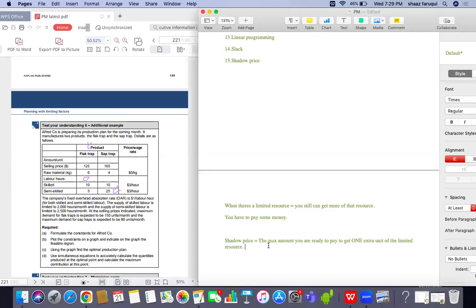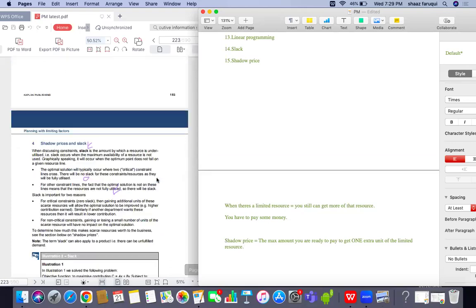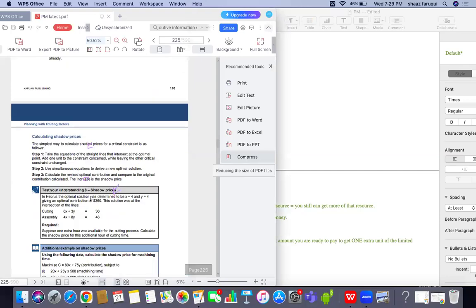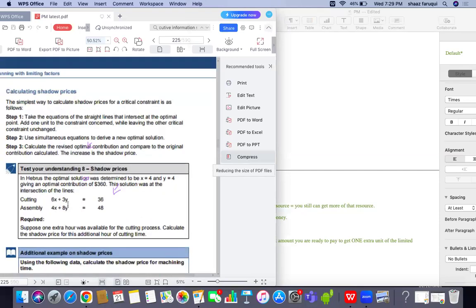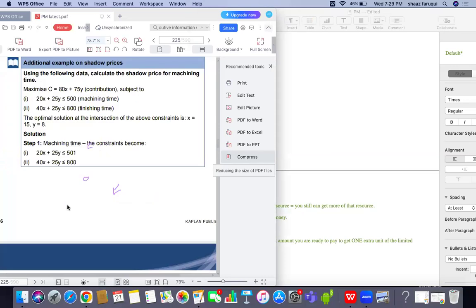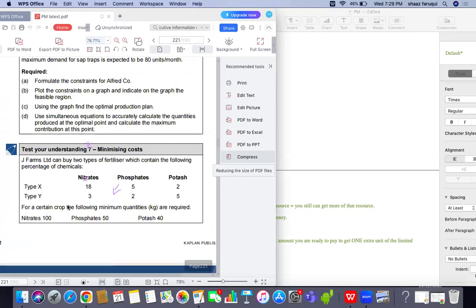Shadow price is the maximum amount that you are ready to pay for one extra unit of the limited resource. For example, Slack I've already explained. Let me use the same example.